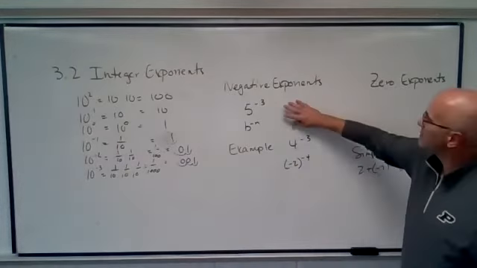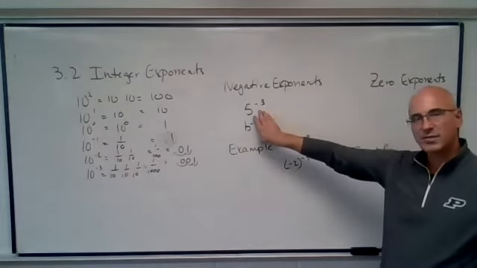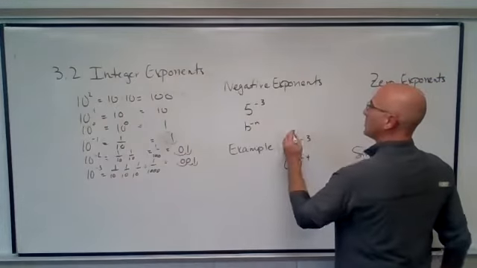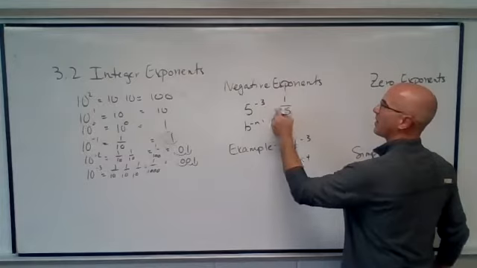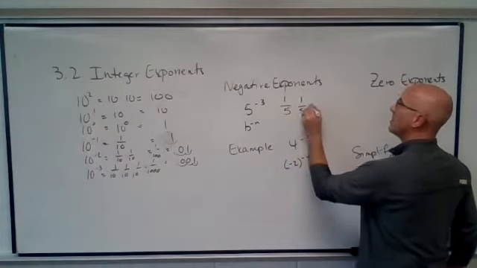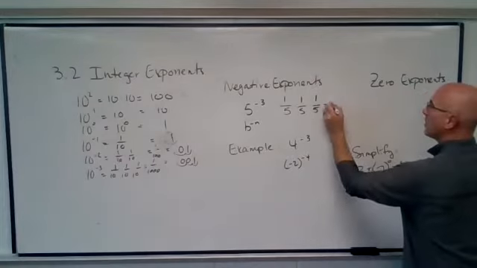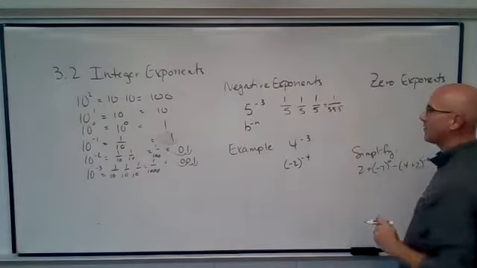Okay. But let's look at negative exponents in general. So say we have 5 to the negative third power. The negative means we put it into the denominator. So that's 1/5, and we have 3 factors of 1/5. We could also write it this way: 1 over 5 times 5 times 5.